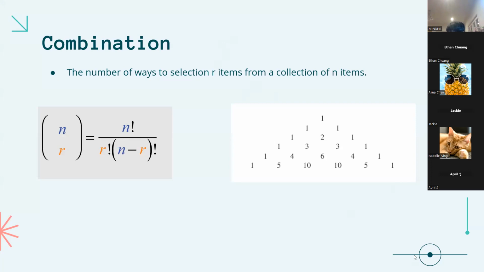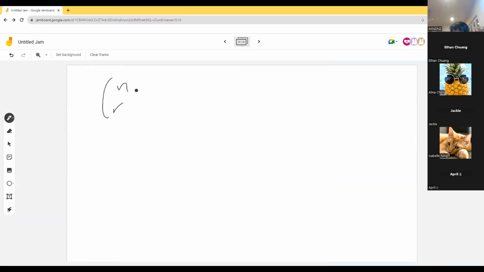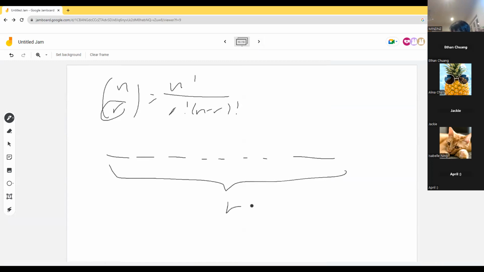Okay, so for that formula, n choose R is equal to n factorial over R factorial times n minus R factorial. When we select R objects, there's R of them. Then we have n options for the first object, n minus 1 for the second, and n minus 2, all the way up to n minus R plus 1.